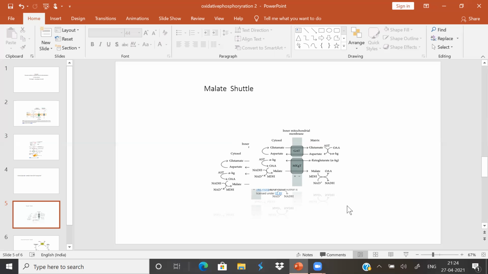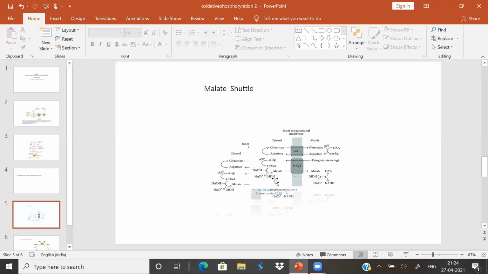The malate aspartate shuttle: here the inner mitochondrial membrane contains some transporters. One is the malate transporter. What happens? In the cytosol, oxaloacetate is converted to malate, with the help of the enzyme malate dehydrogenase. This malate enters the mitochondrial matrix and is converted back into oxaloacetate by the same enzyme, malate dehydrogenase.